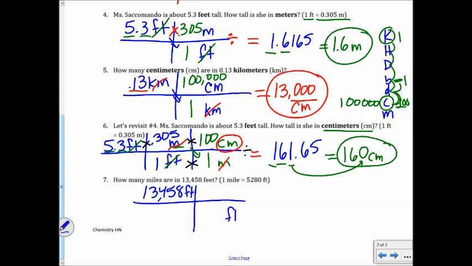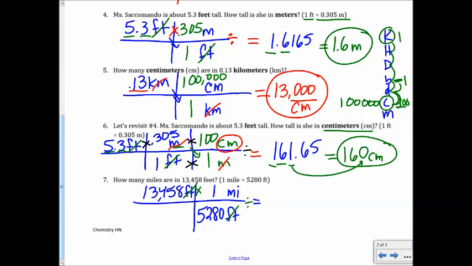I'm going to put my miles up here. And we make miles MI instead of M because most people believe M is meter, so we're going to put MI for mile. So 1 mile equals 5,280 feet. Set up your conversion factor. Feet cancels with feet. Multiply by 1, divide by 5,280.